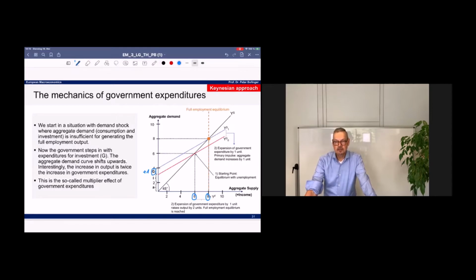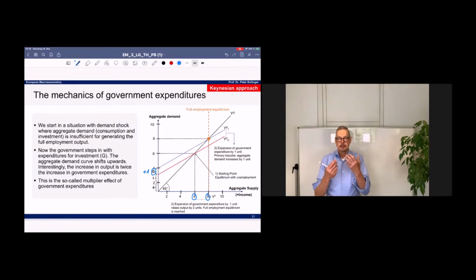And this is the so-called multiplier effect, which characterizes the Keynesian model. So when you're spending money, the final effect on equilibrium output is more than the 1 unit that the government spends. And where does this come from? What's the logic of this model?